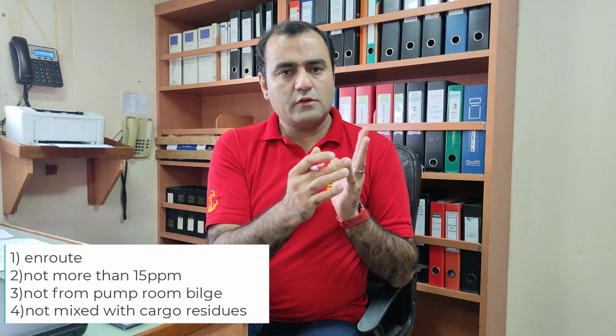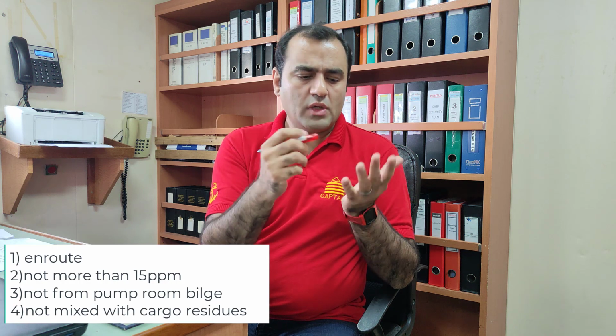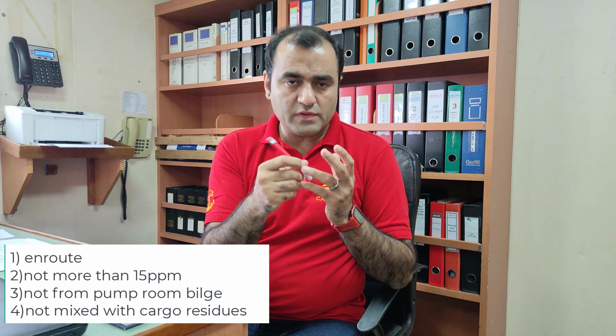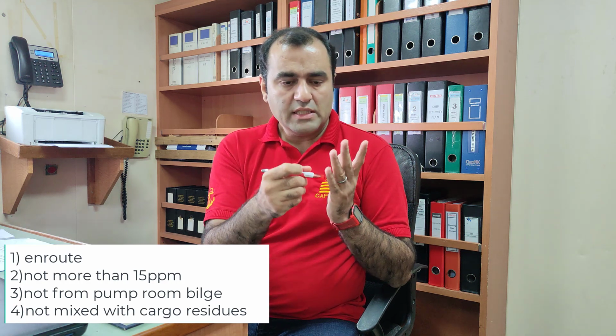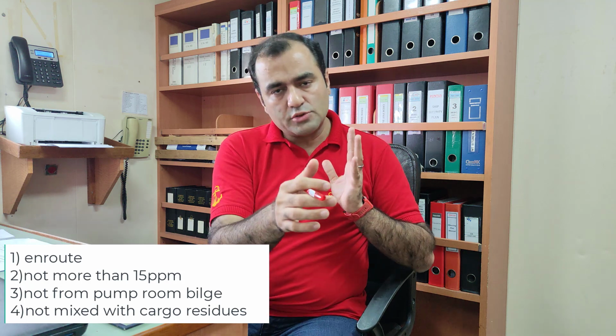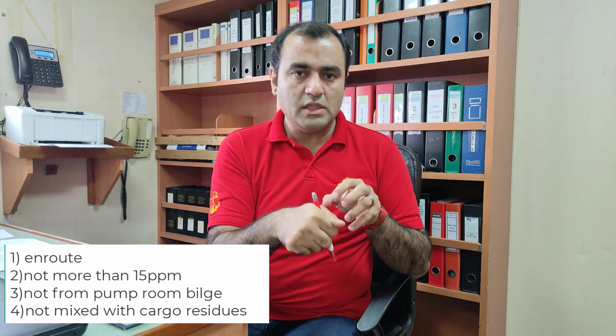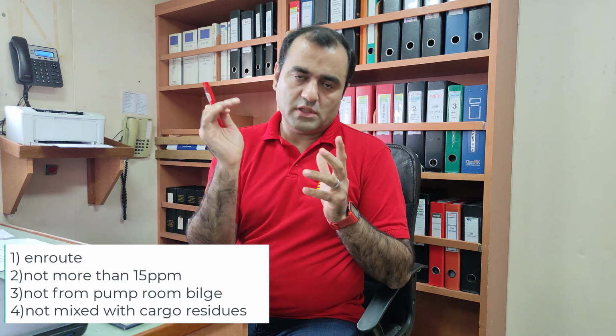And the third and the fourth are the same as before. It's talking about tankers with less than 400 ton GT, that this oily mixture which you are going to discharge shall not originate from the pump room bilge or be mixed with cargo residues.